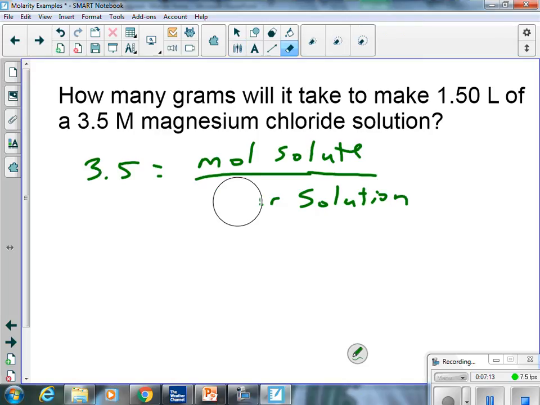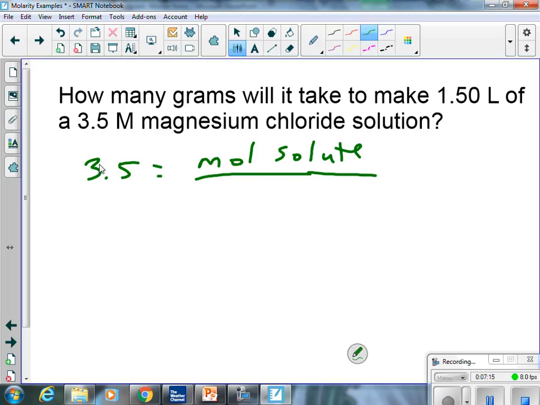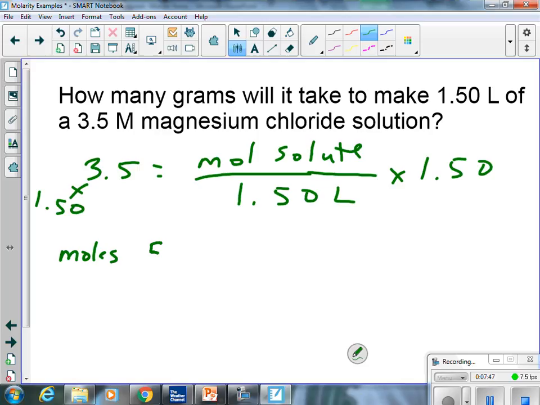I know that I have 1.50 liters. So in order to solve for moles, I'm going to multiply both sides by 1.50. 1.5 times 3.5, my moles are going to be 5.25.